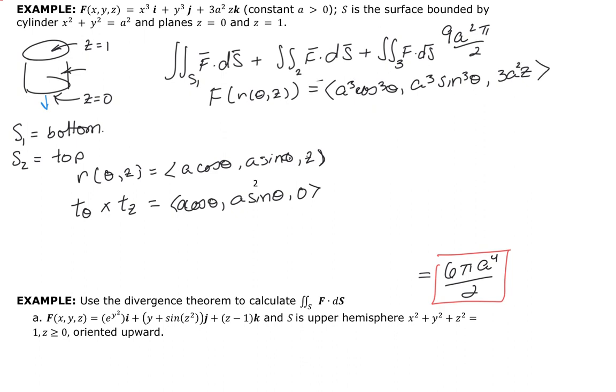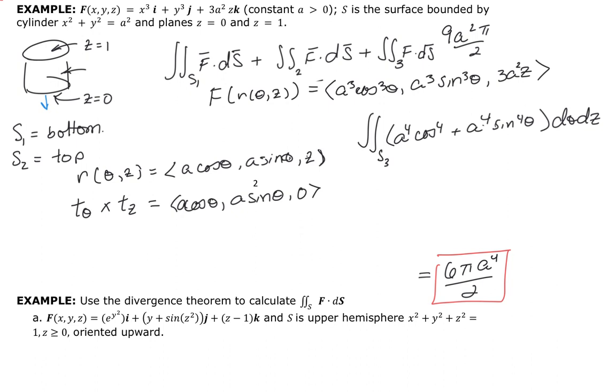Okay, when I do the dot product of this, and I'm ready to start my surface integral over the surface S3, I'll have a to the 4th cosine to the 4th plus a to the 4th sine to the 4th of theta, and then I'll have d theta dz. Cool.